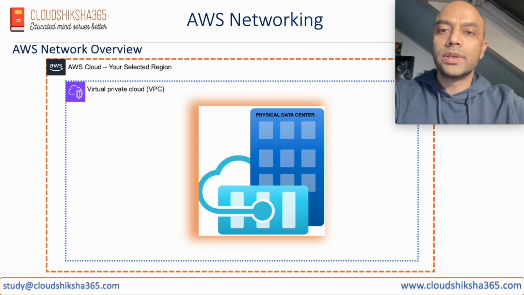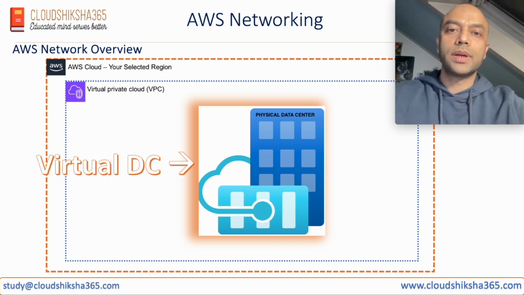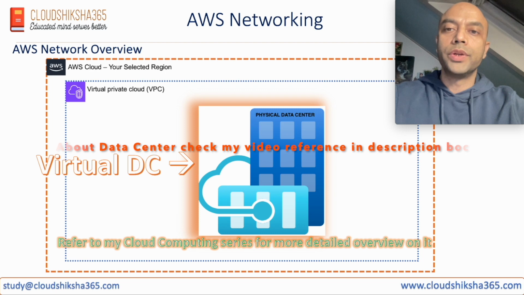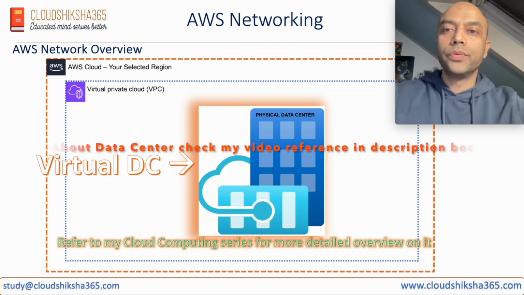Just like a physical data center, this virtual data center has your important servers, your VMs, and your applications running, and then you decide what kind of application components should be accessible outside to the public internet. You can also check out my other videos about data centers and cloud computing, and you will find references in the description box below.